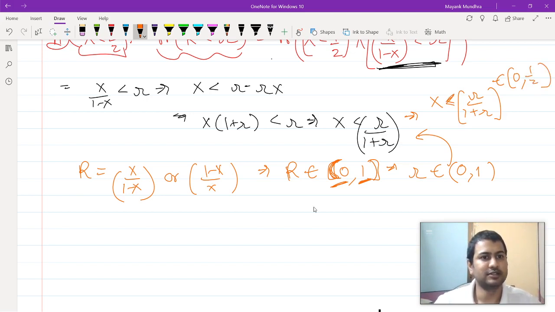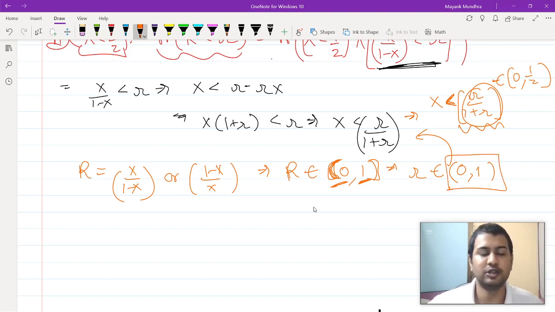So x is less than this function of small r, r upon 1 plus r, which can be between 0 and 1 by 2, because r can take only values between 0 and 1. When r takes value 0, this thing becomes 0. When r takes value 1, this thing becomes half.